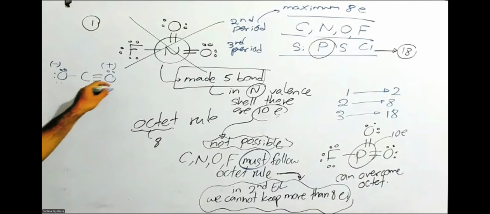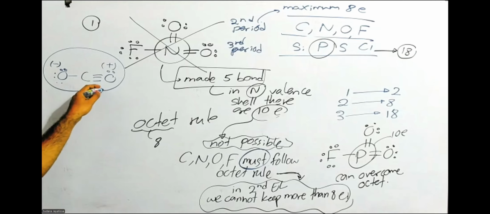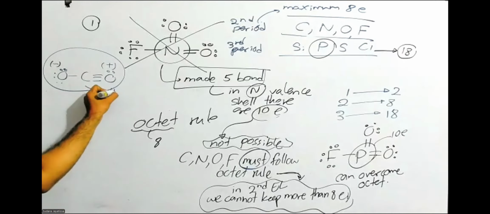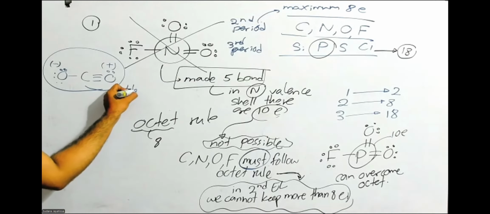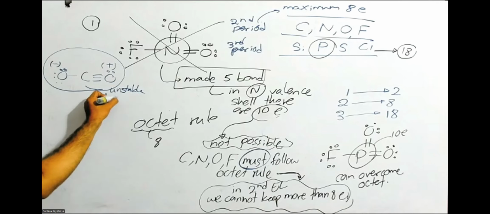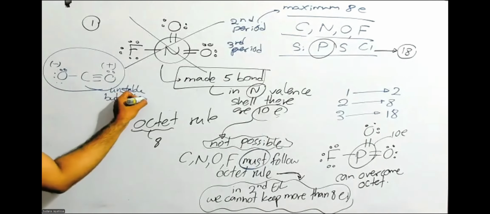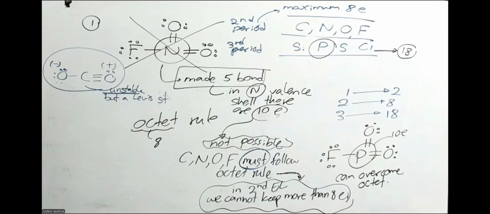You can see charges are there, therefore this is unstable, but it is a Lewis structure. This is another Lewis structure for carbon dioxide, the normal structure we draw. This is a stable one. This is an unstable one.